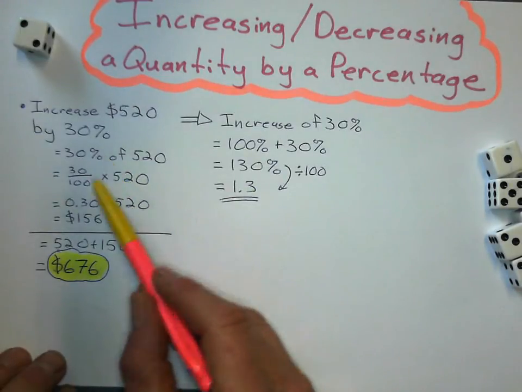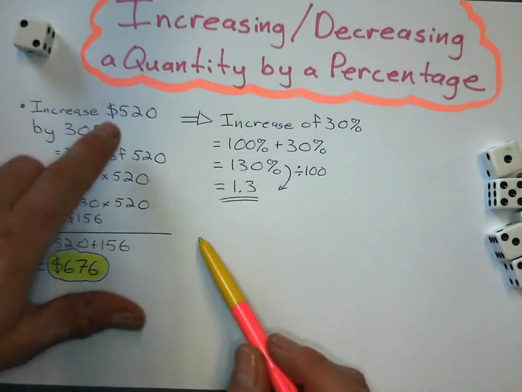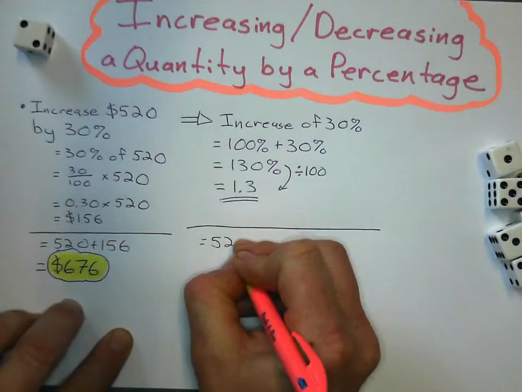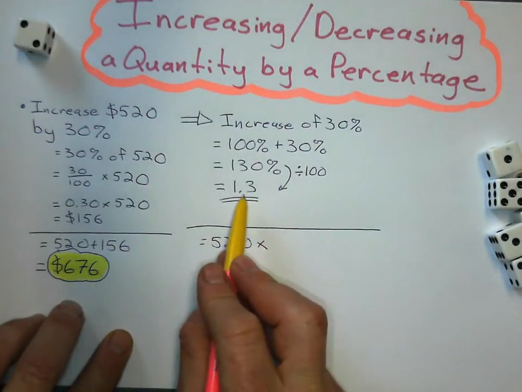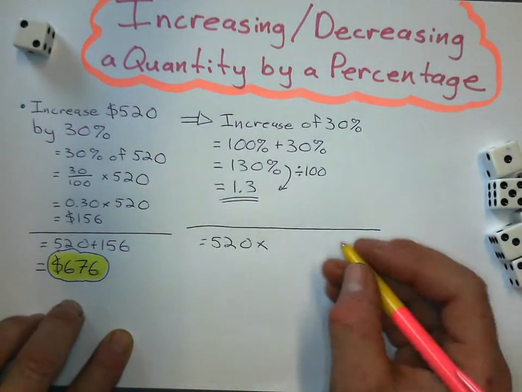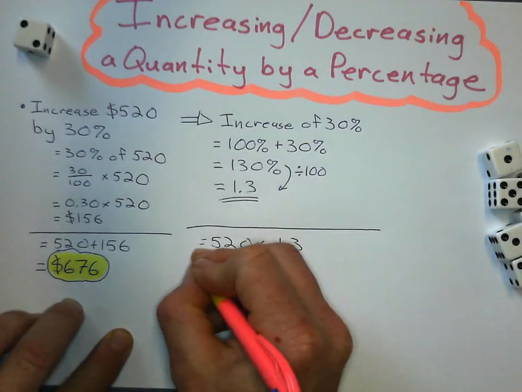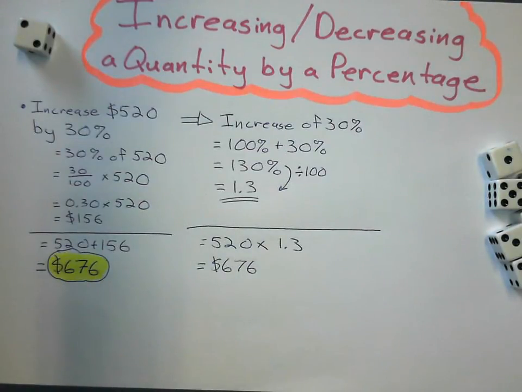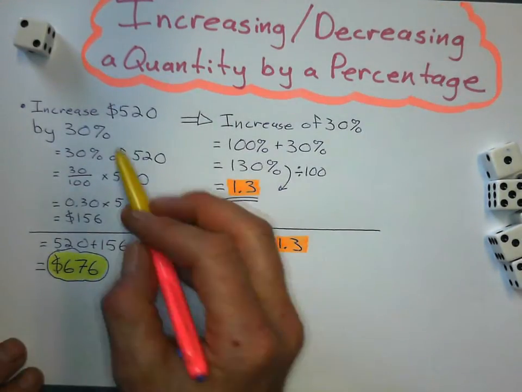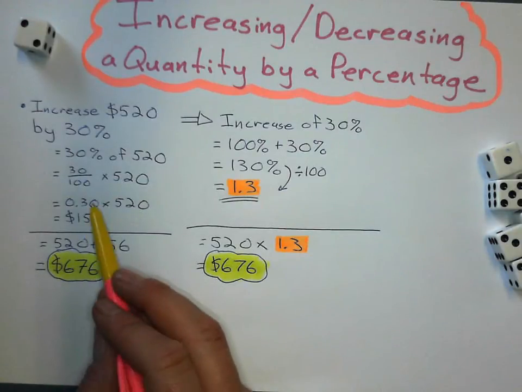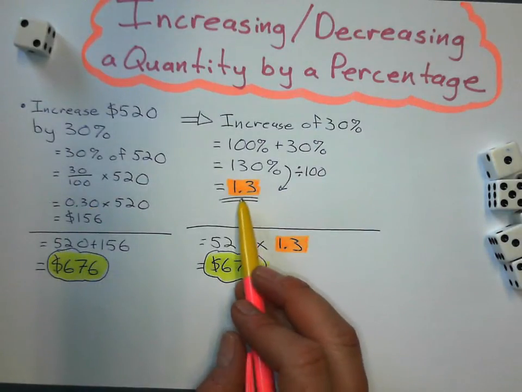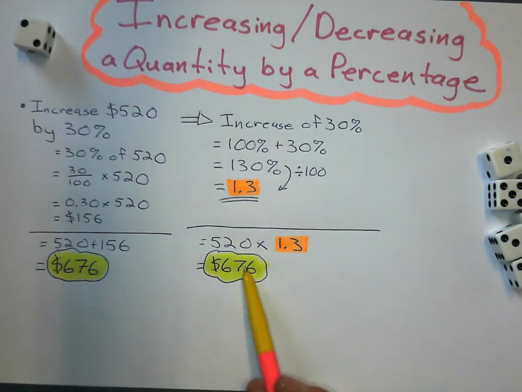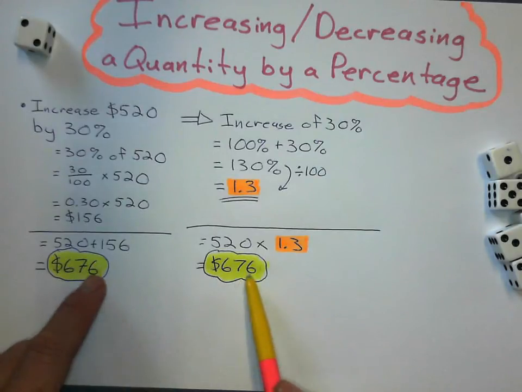So instead of doing all this and adding, I can just take the original amount, 520, and multiply it by this multiplier amount, 1.3. And I'll get $676. So you can go the long way every time, find the percent of a number and add it on, or you can take the original amount and multiply it by this multiplier. You get the same answer, in a shorter time.